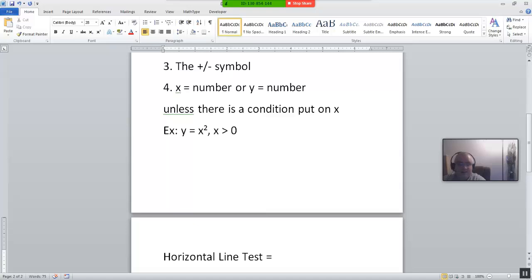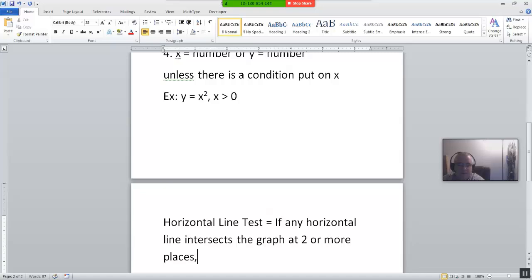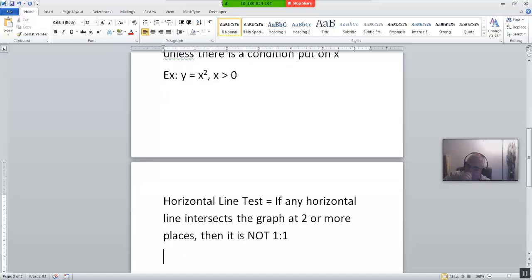The horizontal line test says if any horizontal line intersects the graph at 2 or more places, then it is not one-to-one. It might still be a function, but it's not one-to-one.